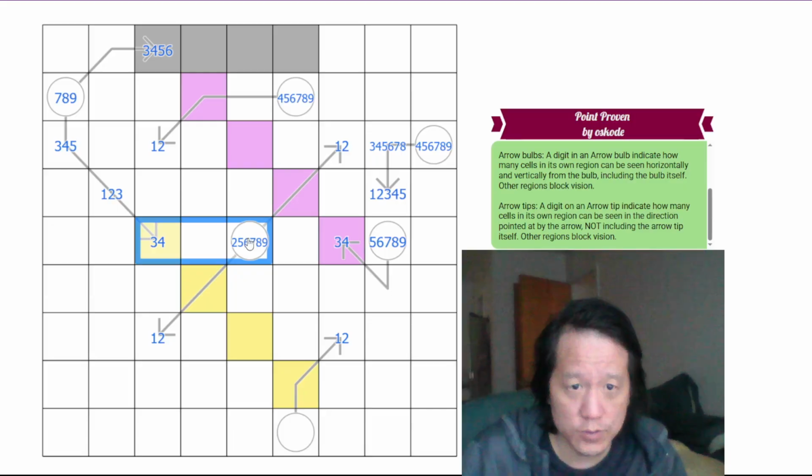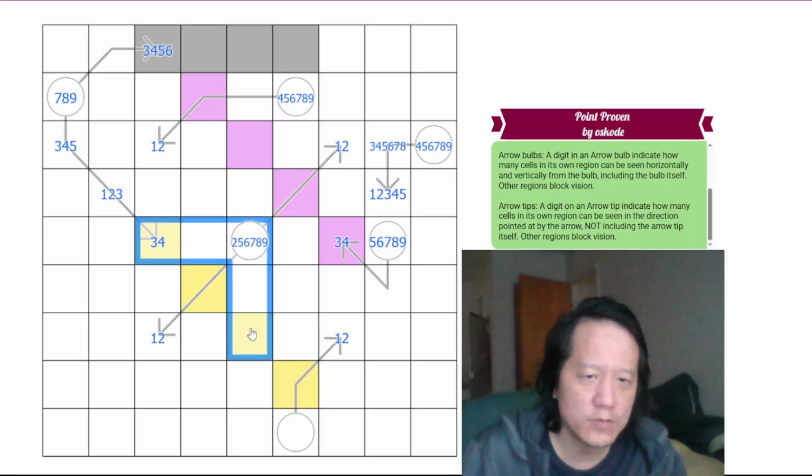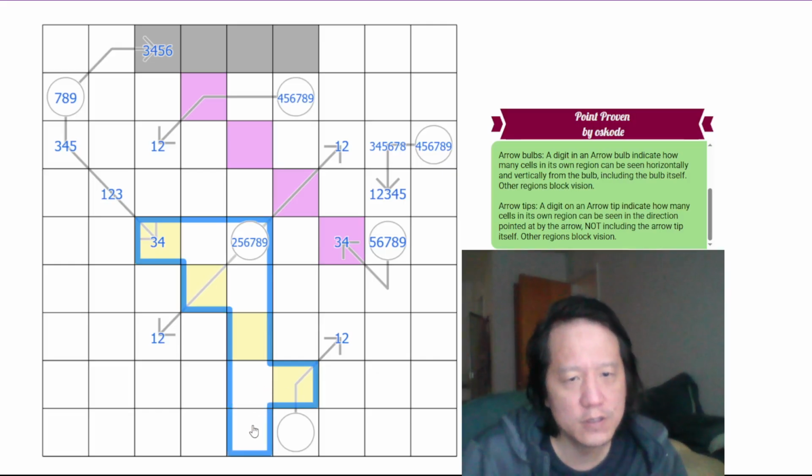So 1, 2, 3, 4, 5, 6, 7, 8. I don't think 6 could work. 1, 2, 3, 4. It could go like this, right? So 1, 2, 3, 4, 5, 6, 7, 8. 7 could also work. 8 cannot, I don't think. So it has to be part of the pink or the yellow region if it's 8.